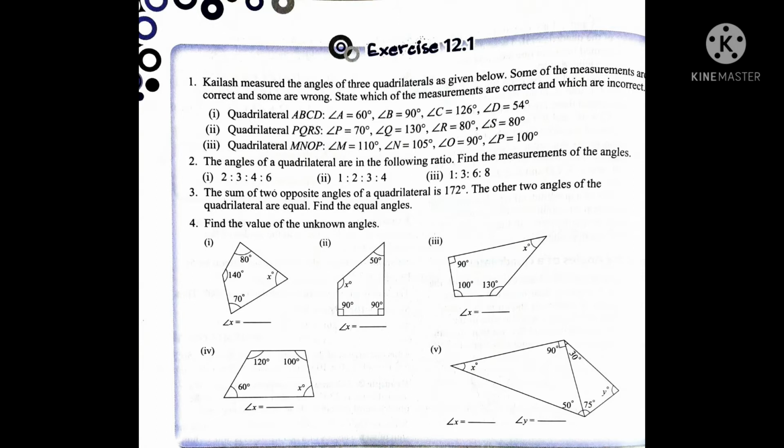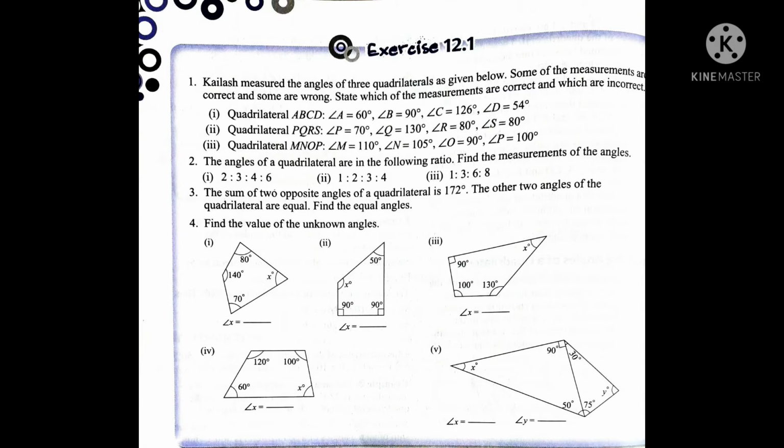Next, come to question number 2. In question number 2, the angles are given in a ratio and you have to find each angle of a quadrilateral. Like in the first part, 2:3:4:6 is given. That means you suppose the first angle to be 2x, the second angle 3x, the third angle 4x, and the fourth angle 6x.